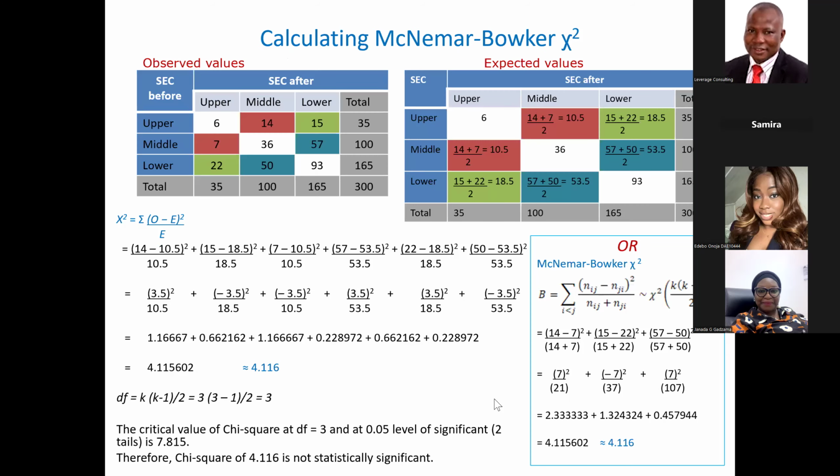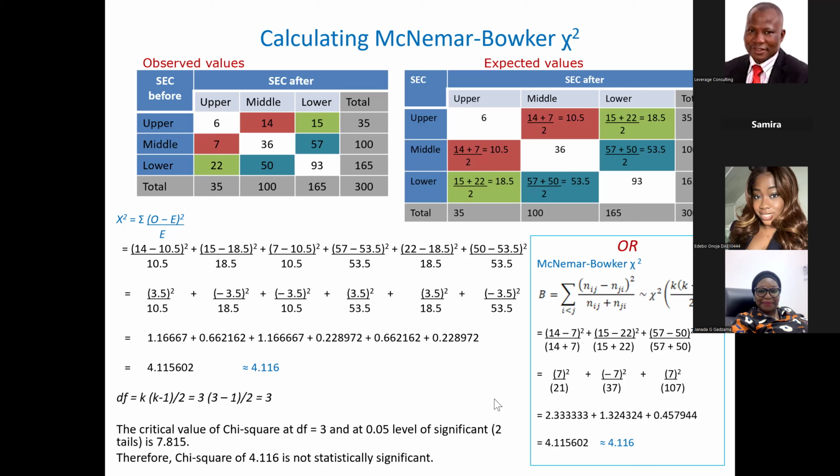Now, if you remember, what we have just seen, we put on the table, a 3 by 3 table, 9 cells. All these values are observed values. That is the value you got when you did your study.